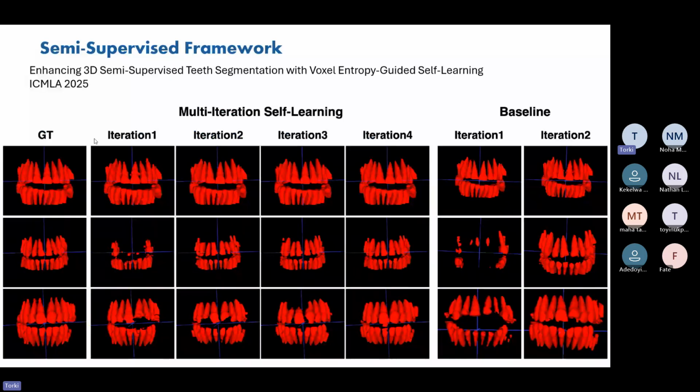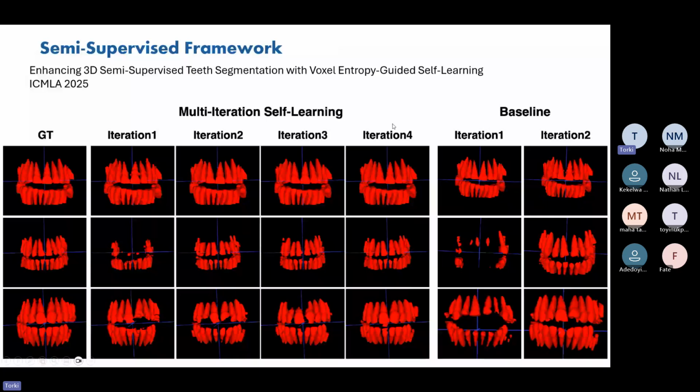So, for example, this was the ground truth. The first iteration was like this one. The second iteration was better. The third iteration was better, and the fourth iteration was the last model result. The baseline is another model that used only the 24 annotated masks, without our approach using voxel entropy.